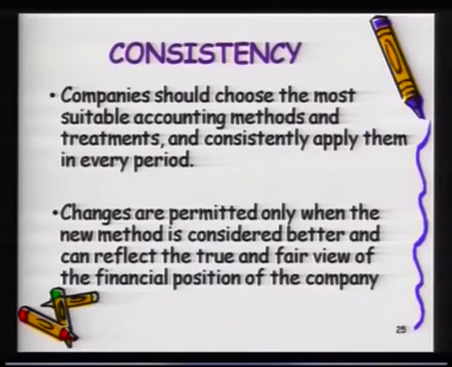Piyush said, the consistency convention means the system or the rules which you have applied once should be followed until or unless they are not approved or they are not needed. For this very purpose, as Dr. Piyush said, there are two methods of charging depreciation which are in practice, fixed installment method and diminishing balance method.